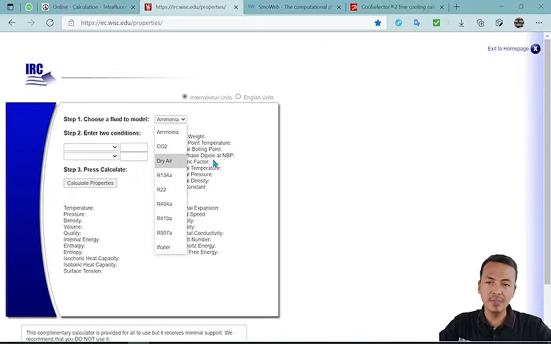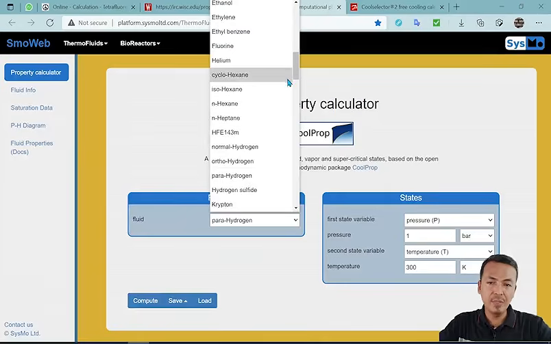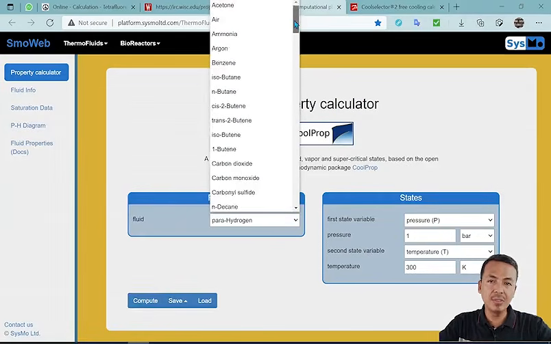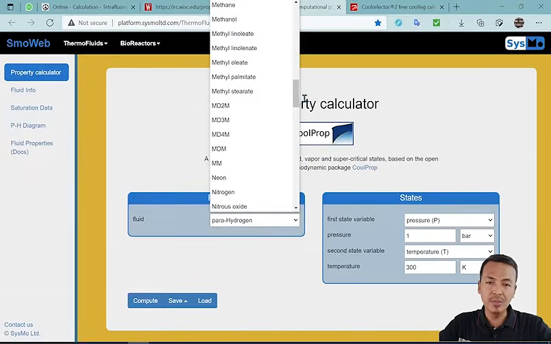Quite a lot of data they provided. And I think this one is also a good online calculator you can use to get all the properties data of the refrigerant. This website provides many kinds of fluids, including all the refrigerants you may need to calculate.